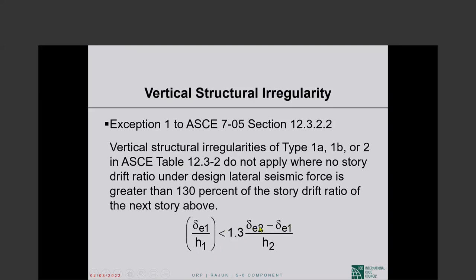That would be the elastically computed deflection at floor level 2 minus the elastically computed deflection at floor level 1, divided by the story height of the second story. So for the first story at the base, there is no deflection, so the interstory drift of the first story is delta E1. I should have written delta 1E, that was our notation.